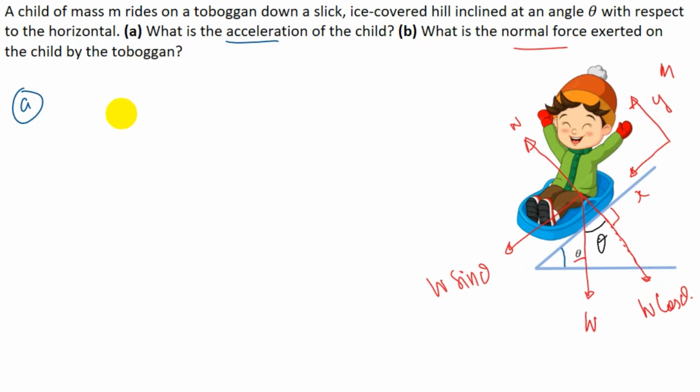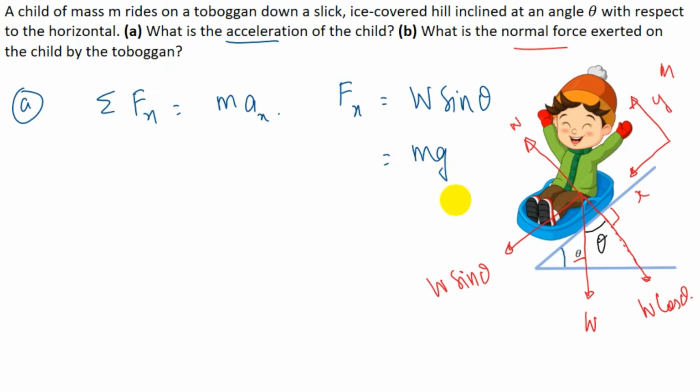So for that we can use Newton's second law of motion. Sigma Fx equals mass times ax, right? Now in the x direction we have only one force, that is W sine theta along the positive x. So we can write that Fx has only one force, W sine theta, and W is always equal to mg, so mg sine theta.